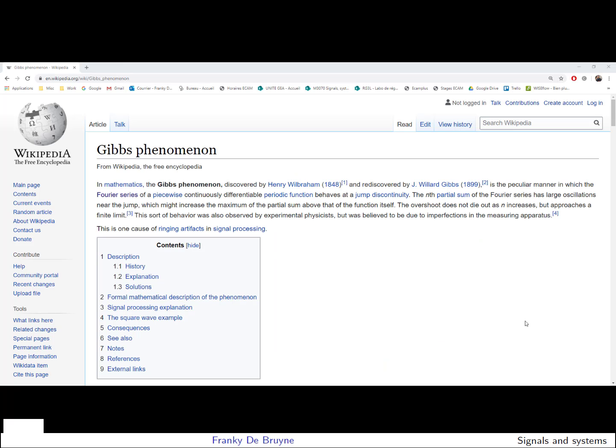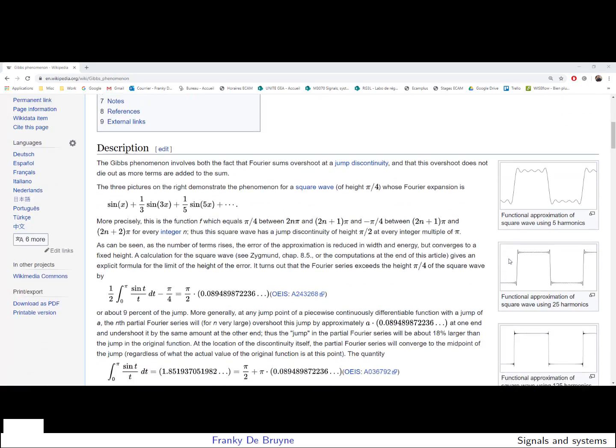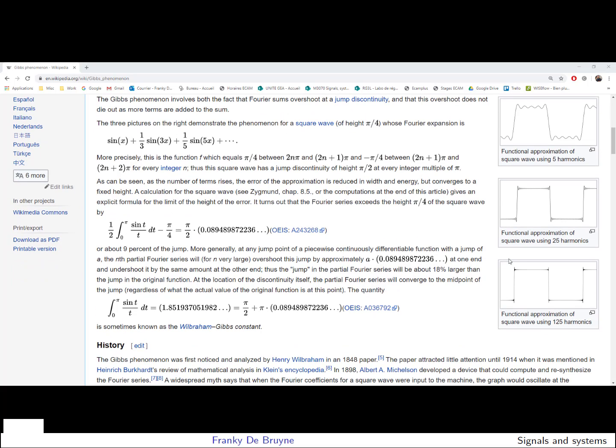So we can have a look in Google, your best friend, and type Gibbs phenomenon, and you arrive at this page, and it explains that the phenomenon was discovered by Mr. Gibbs, well, already quite a while ago. So what you see here on the right is the decomposition in Fourier series of the same function that we have considered in the slides, but what they do here is go further and add more and more harmonics.